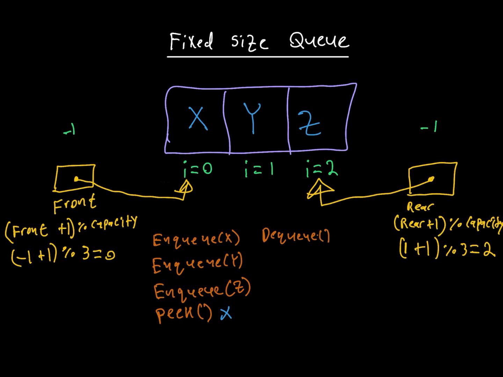Well, we go to front, we'd see that we're at index 0, the value is x, so first let's temporarily save x, right? Let's clear that out in the array, and then we need to update where front is pointing to.